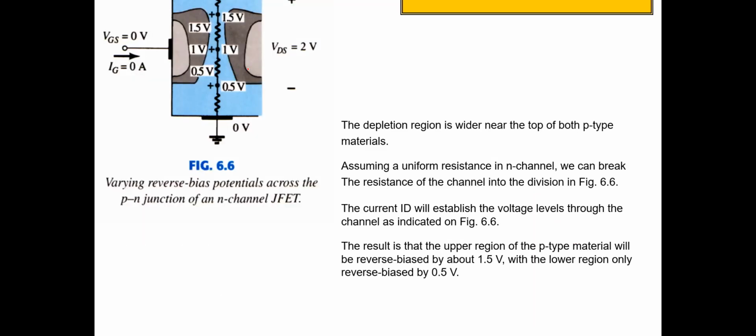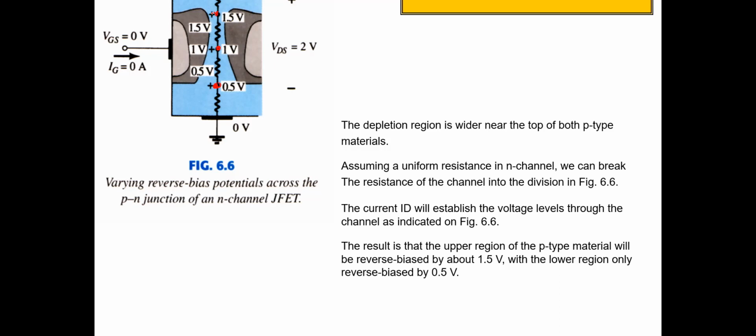If we put VGS equal to 0 and VDS equal to 2, we can see the difference between this point and this point: this is 0.5, this is 1 volt and this one is 1.5 volts.